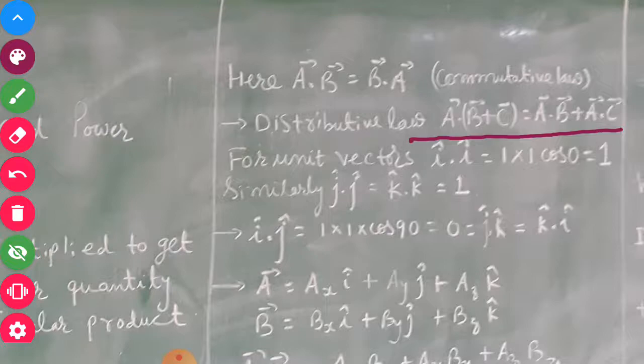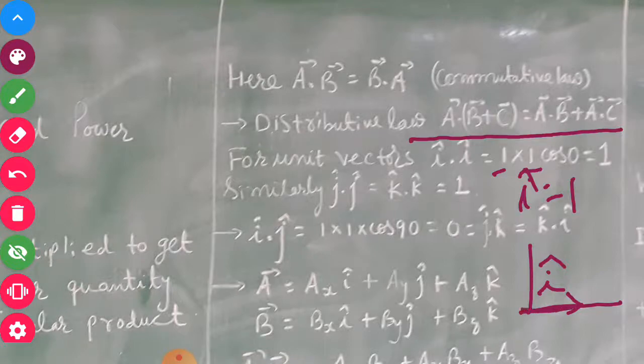Now if you take the dot product of unit vectors, say for example you have unit vector I hat. So I hat dot I hat. The magnitude of I hat is 1 unit. It is a unit vector, so its value is 1. So 1 into 1, and the angle of I cap with itself is 0.